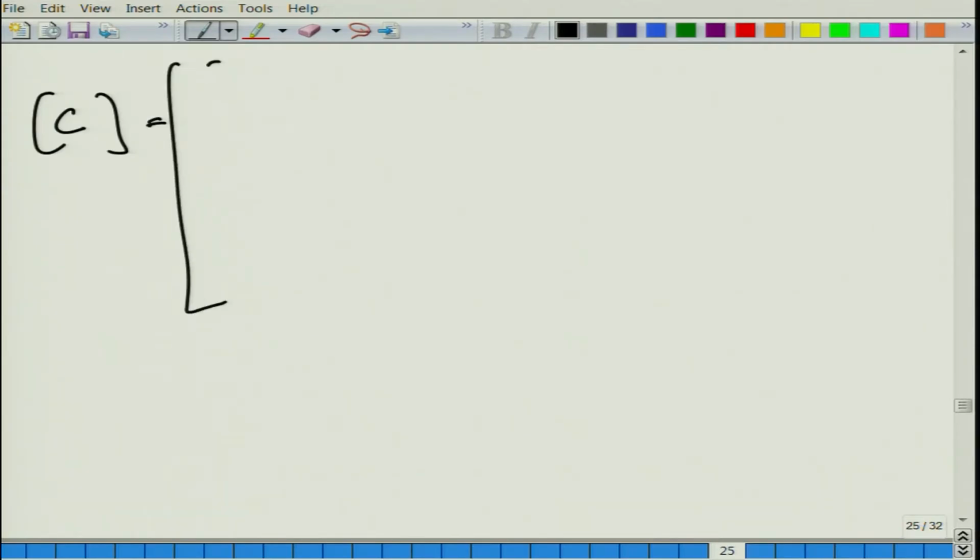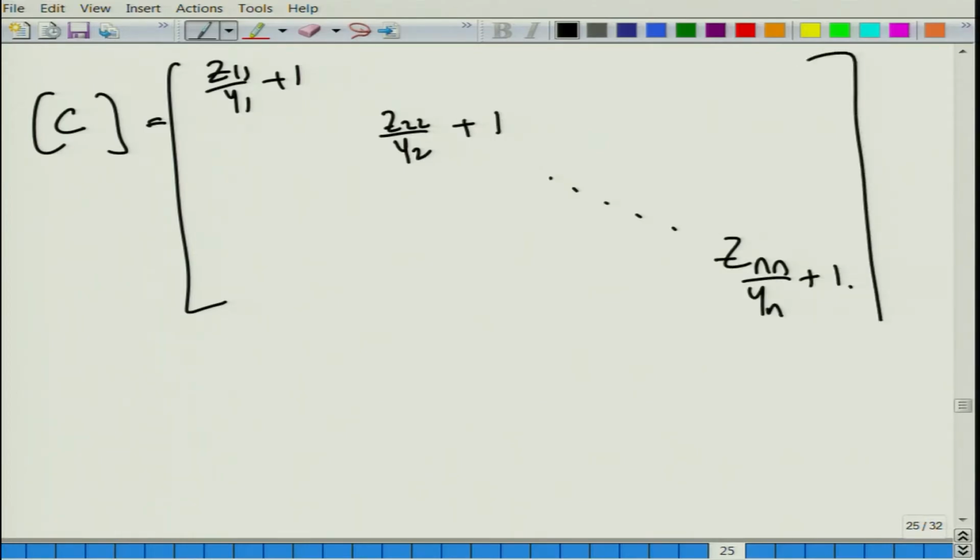So, this is nothing but Z11 by Y1 plus 1, Z22 by Y2 plus 1, and this is Zn by Yn plus 1. So, what about the other terms?